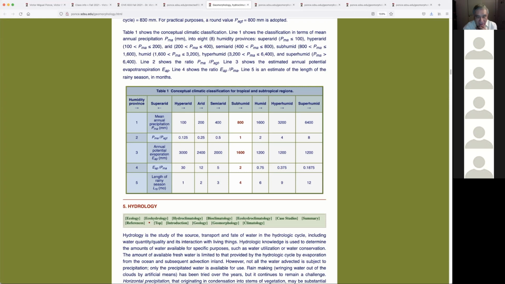And the ratio between the mean annual precipitation and the average global terrestrial precipitation, AGT, I forget at this point. Let me see.